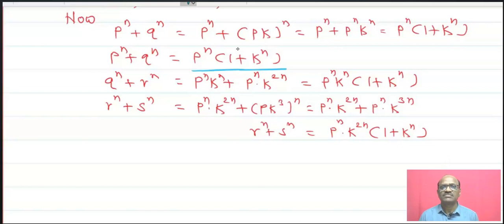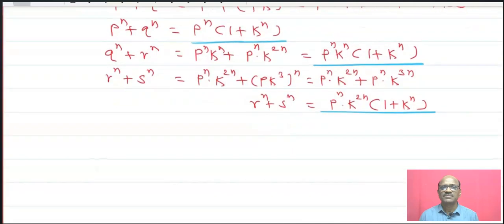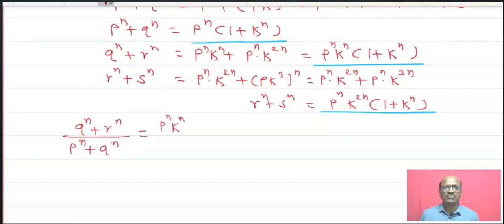Now, see these values, first, second, third. These are the three values that we have found out. Now, (q^n + r^n) upon (p^n + q^n) is equal to, now here we will substitute their values.